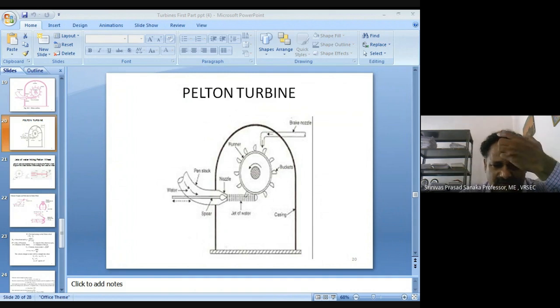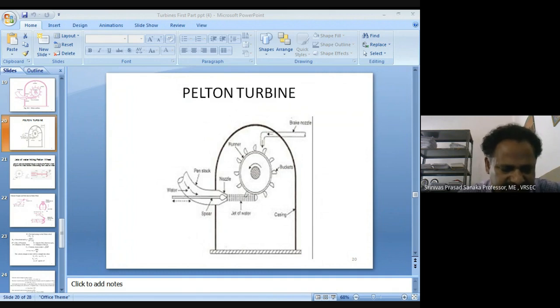Even though the flow rate coming out from the nozzle becomes zero, due to the inertia of the rotor, it will continue to rotate for nearly half a day.